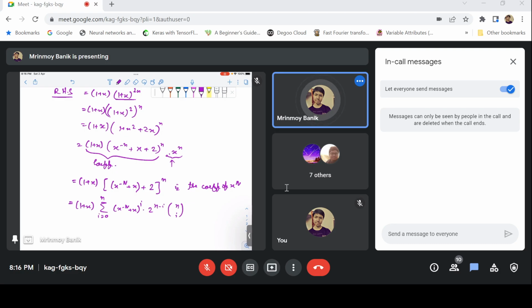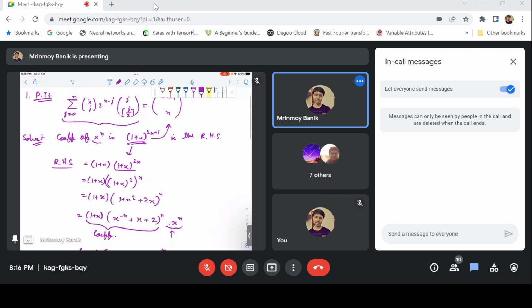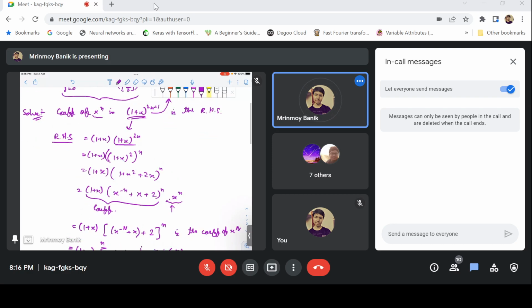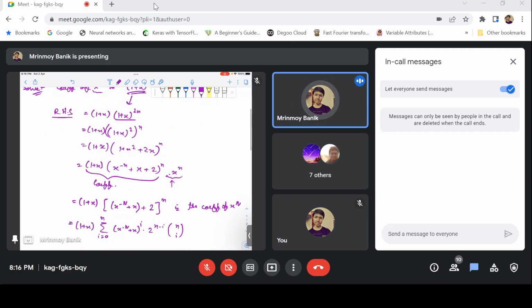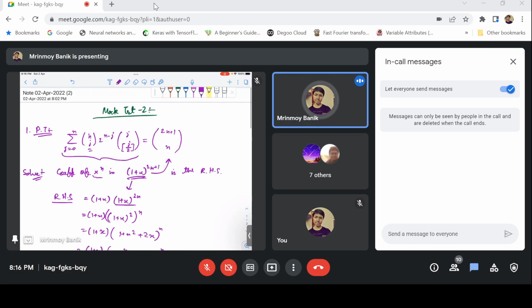Right, so we have got that nCi term. We have also got that n minus I term. Now just this term is left.